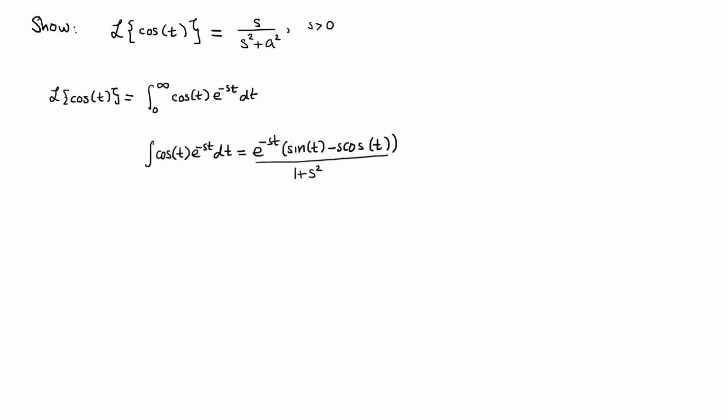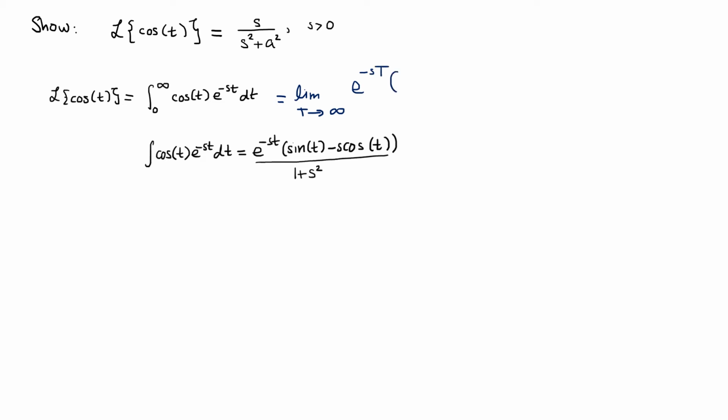Okay, so our Laplace transform is this improper integral. We've already found the antiderivative. So we can write down that our Laplace transform is equal to the limit as t goes to infinity, where I'm going to plug in capital T for each of these t's in our antiderivative.